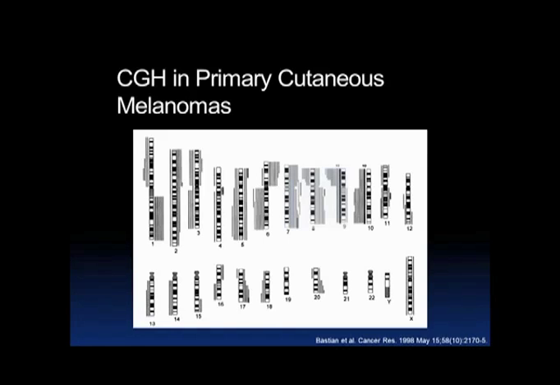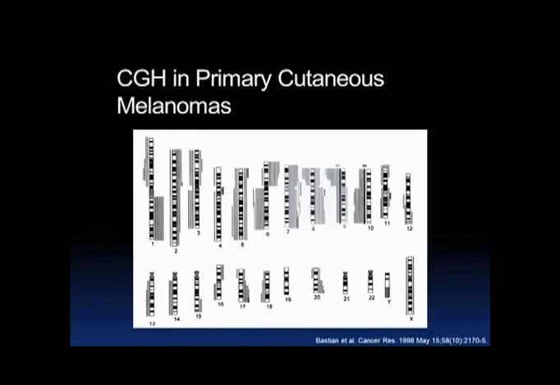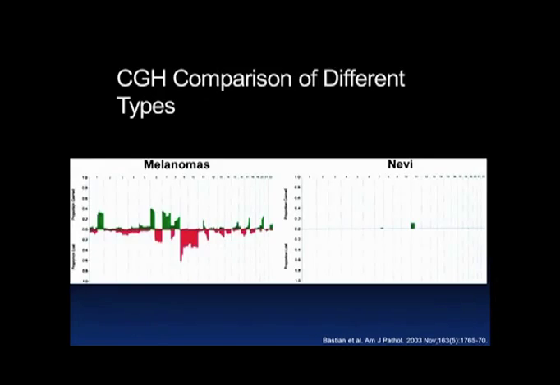Now, they published that, and there was a very interesting finding because it was kind of the first idea that there could be some genetic aberration that could be employed for diagnostic purposes. And since they only had 32 melanomas, and as you can see, melanoma is a relatively heterogeneous group, they continued on this path, and 5 years later then looked at different types of melanomas, compared different types of melanomas with each other, and melanomas with nevi.